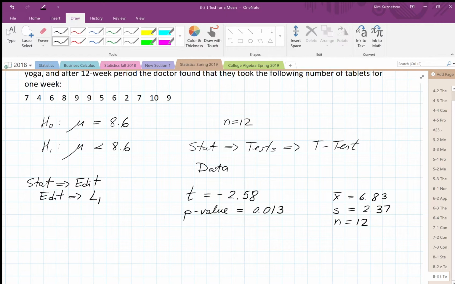It looks up all the critical values, it looks up all of the tails, and all you have to do at this point is compare this to alpha. The p-value is equal to 0.013.